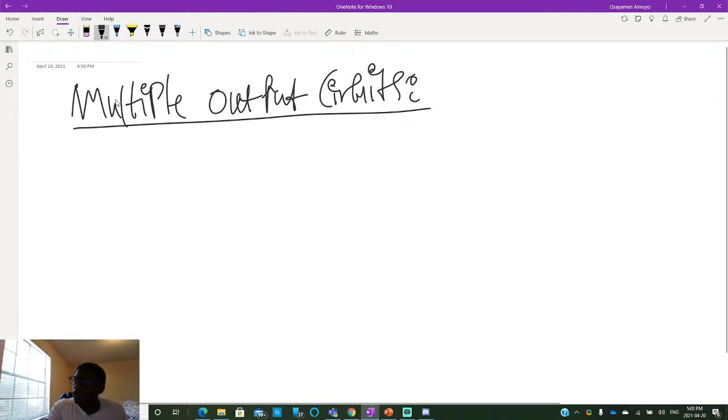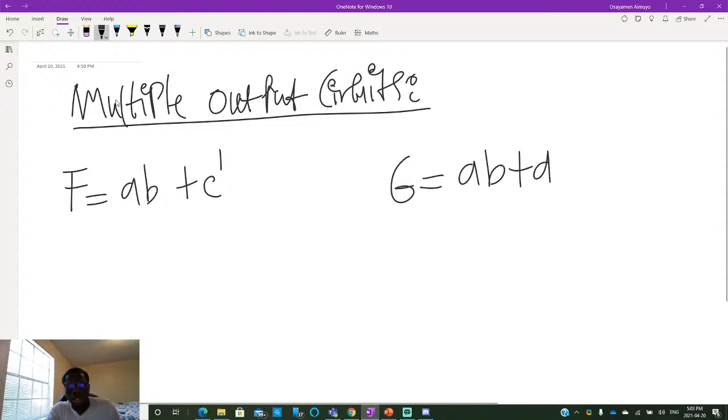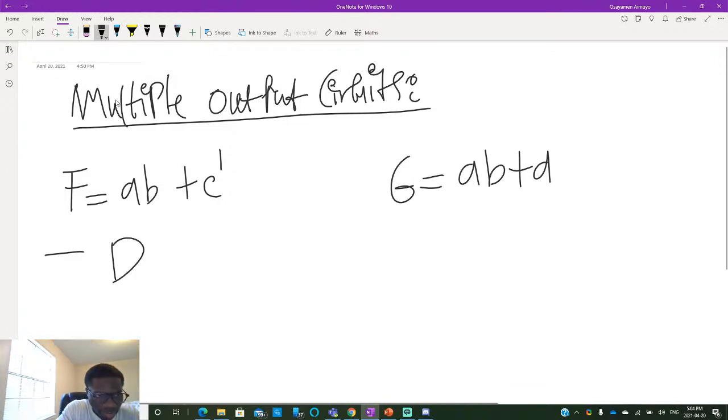So basically, for multiple output circuits, let's say we have two functions, right? This or this as well. And so, if we were to draw the gate diagrams for these two functions, we can see if we were to implement these functions individually, this function would be, let's see, so if we have an A, a B here as well, C, and a gate.